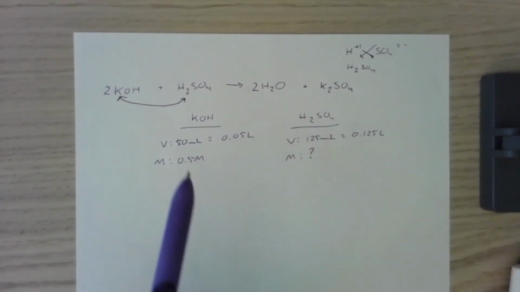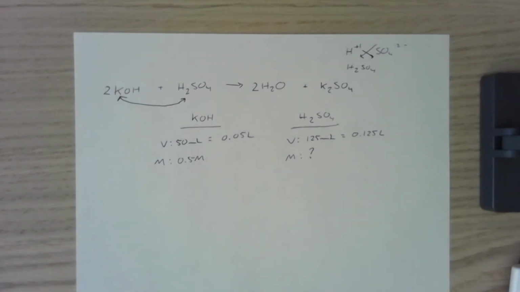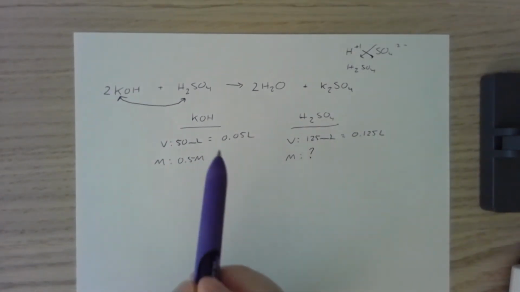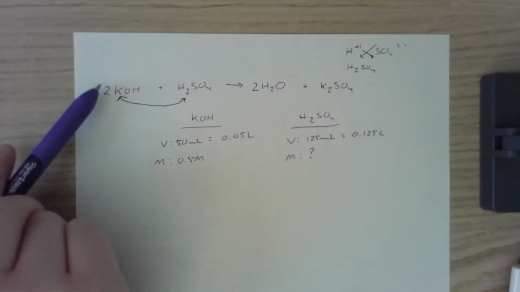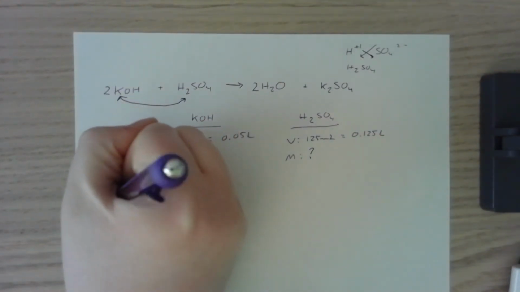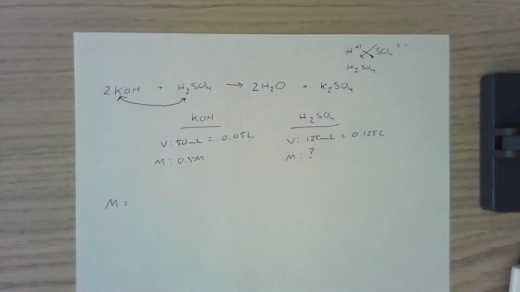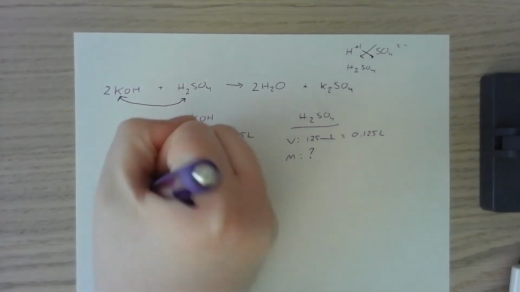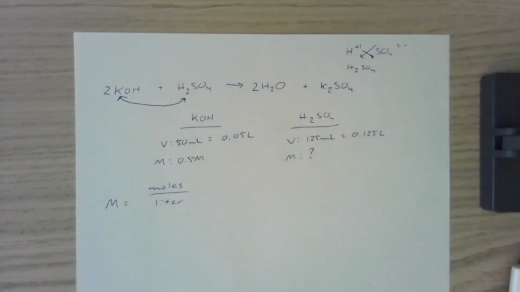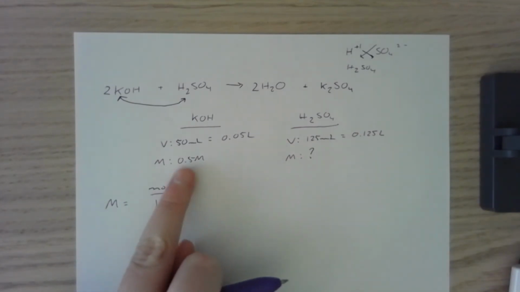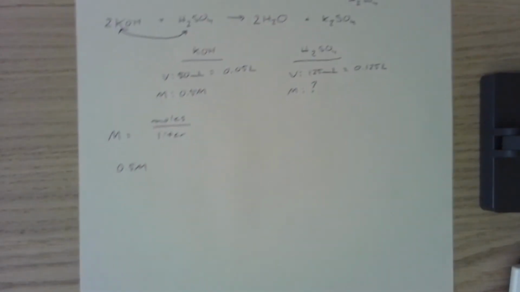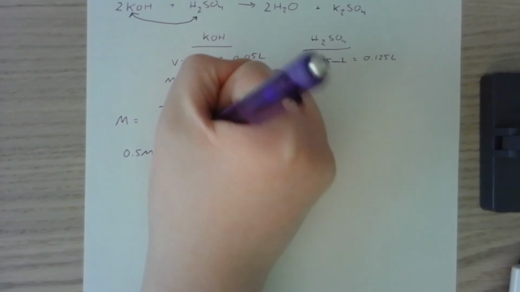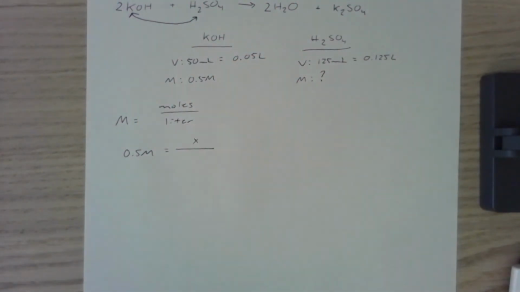Okay, so what we're going to do is work with this KOH to start with, and we're going to solve for moles. Because remember, if I know my moles, then I can very easily move from one substance to the other by using my chemical equation to look at those mole ratios. So molarity, capital M, is equal to moles per liter. Okay. So I know my molarity is 0.5, so I've got 0.5 molar is equal to some amount of moles per liter.